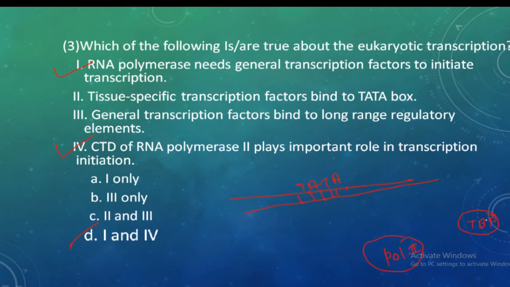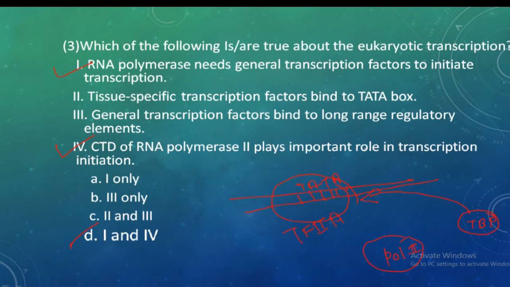This TBP will help pol 2 to recognize this Tata binding site. After finding this Tata binding site, the first transcription factor to be used is transcription factor 2A. That will first come and help RNA polymerase 2 to initiate the transcription.